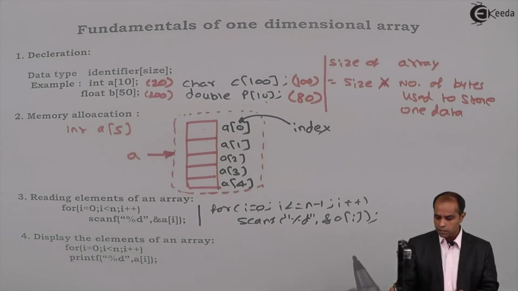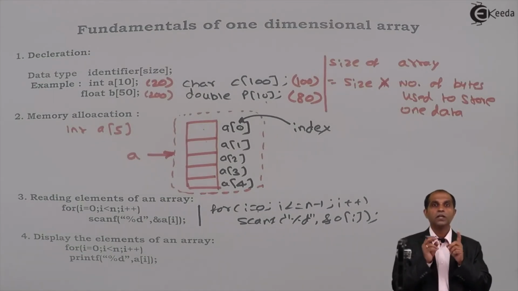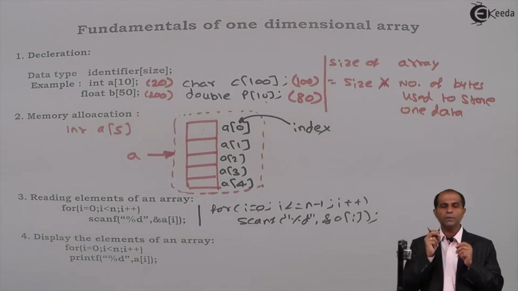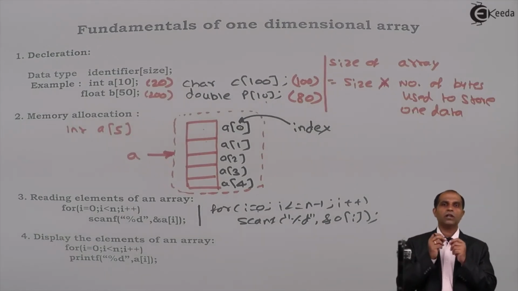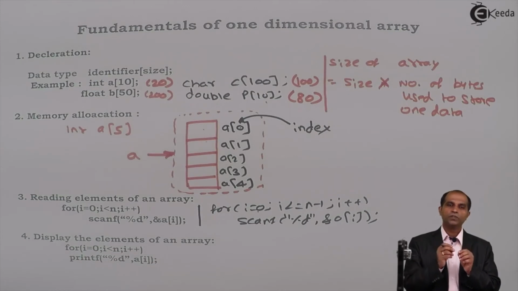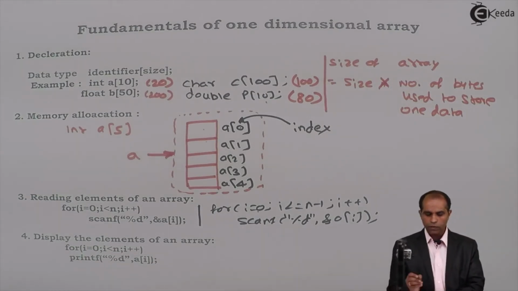It means that this array can be associated with an index called i in the program, not in the declaration. When it comes to the declaration, your square bracket should be always a constant. Clear? So declaration constant, whereas in the program it can be a constant or it can be a variable. So when I wish to refer to index, I can use i as a simple variable which is used to refer to the index. You can set i as 10 and you can say a of i. So I can use this particular part.